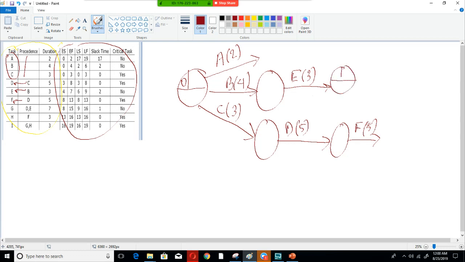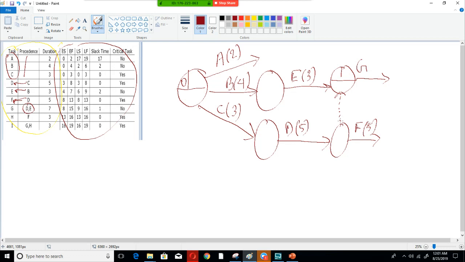Now there's something to notice here: as G depends on both E and D, but D has another dependent state, D will be more focused on that state.